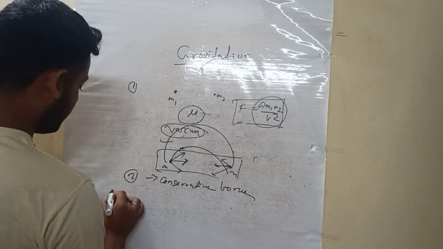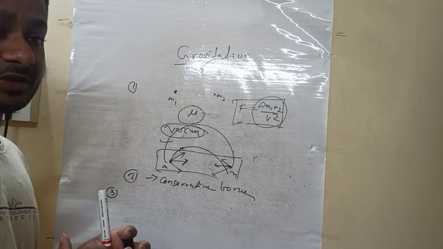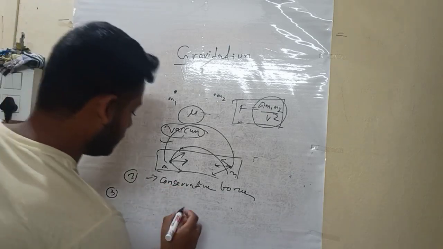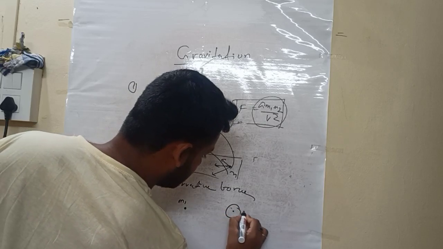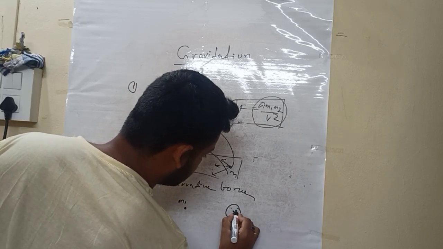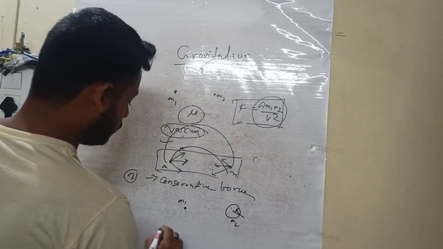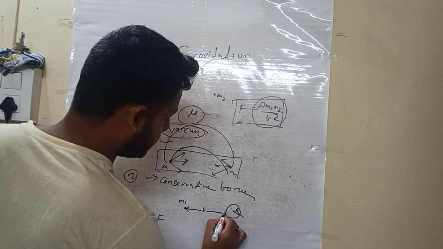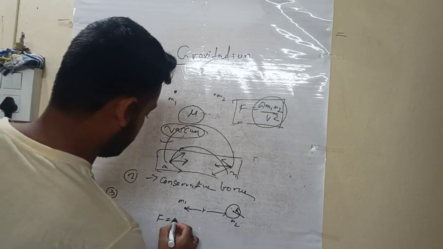Okay. The third point is the distance is always measured from the center of the sphere or surface or body. Suppose this one is mass m1 and this one is mass m2, but this one has radius capital R. So if the distance from here to here is r, how will we take the force in calculation?